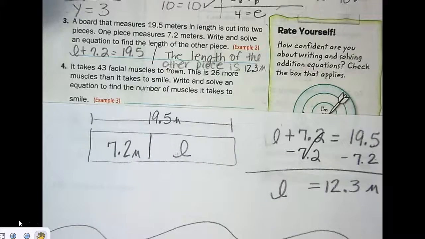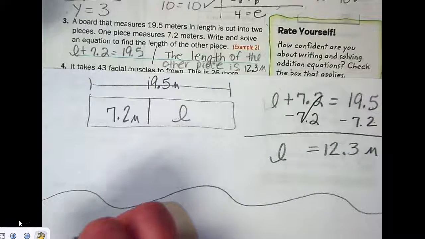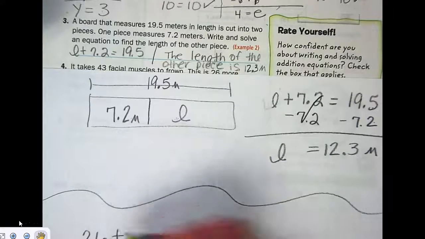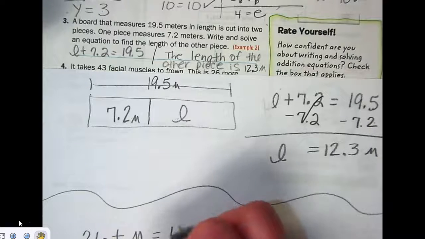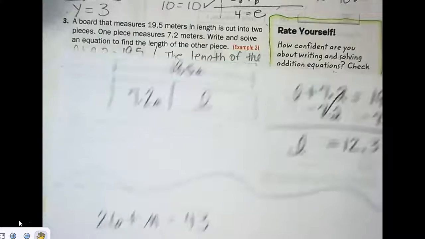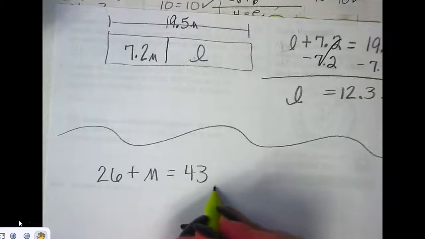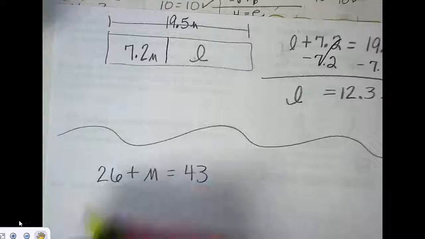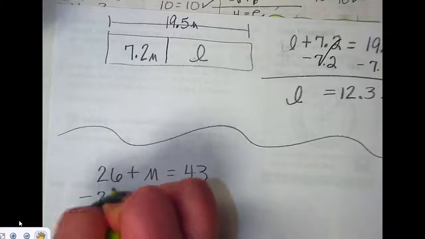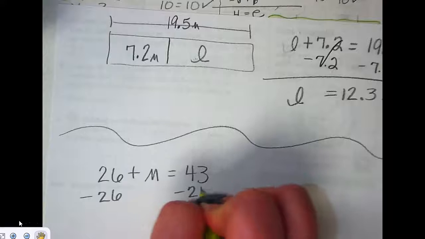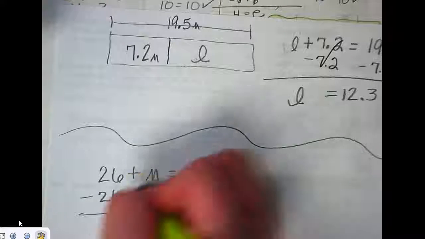So it takes 26 plus something else, more muscles, to equal 43. 26 plus m muscles equal 43. Now I'm going to need to subtract. That goes away.